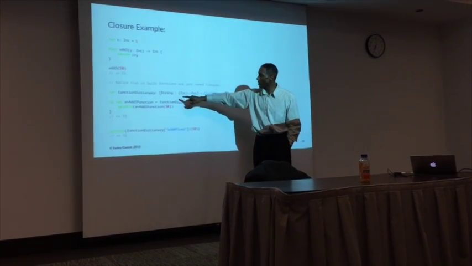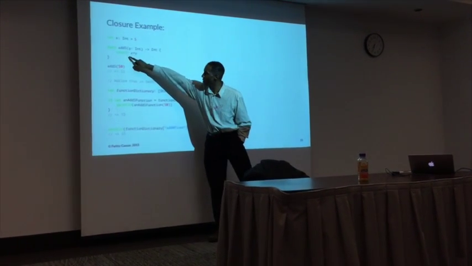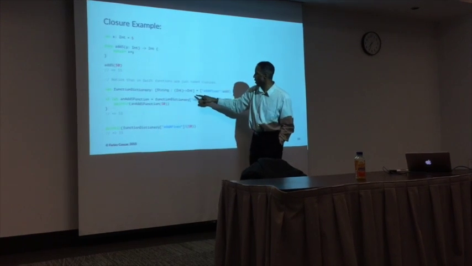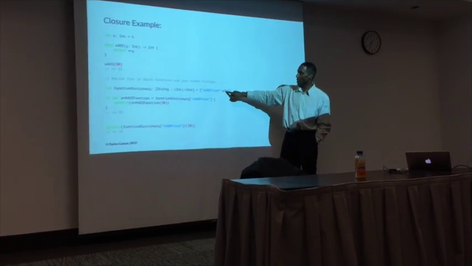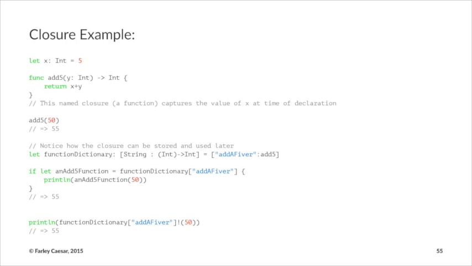So if I take this function, add5, and store it in a dictionary, this is the Swift dictionary syntax. You have a function dictionary that maps a string onto a closure, and the closure takes an Int and returns an Int. I can say, here's my string key, here's my value, which is add5, the name of that function.